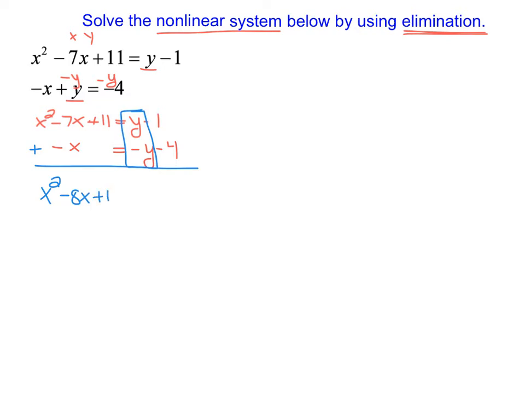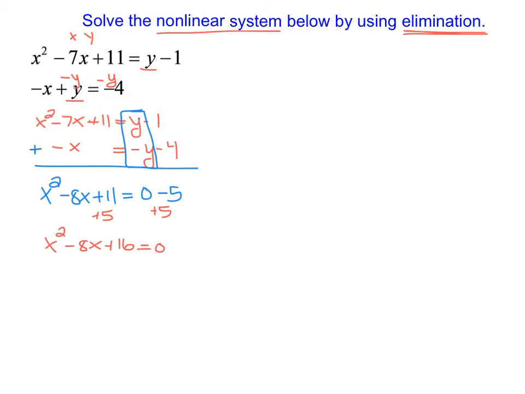I then have plus 11 equals, this y plus negative y becomes 0, and then negative 1 and negative 4 become negative 5. What I can then do from here is add 5 to each side. So I then have x squared minus 8x plus 16 is equal to 0.